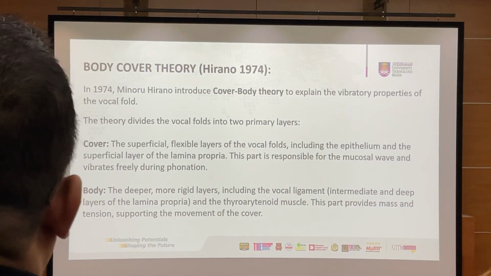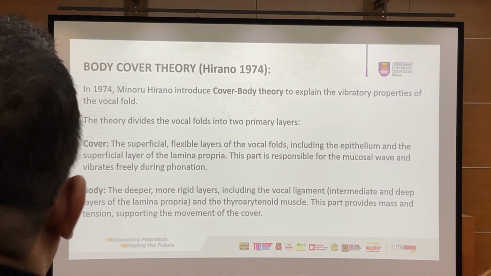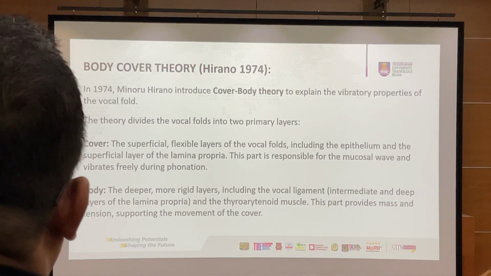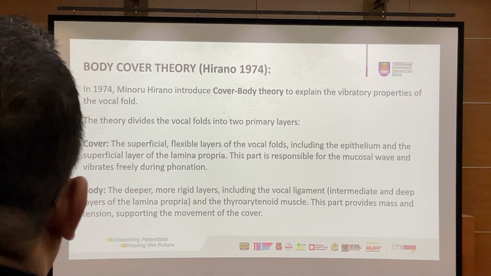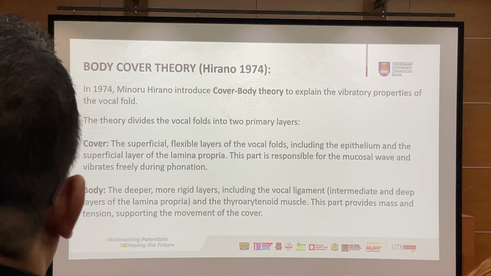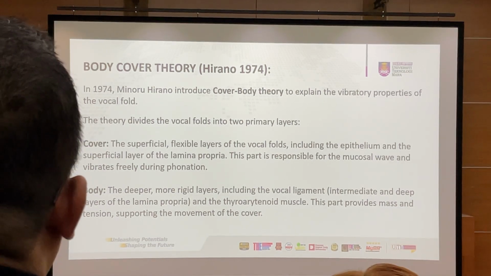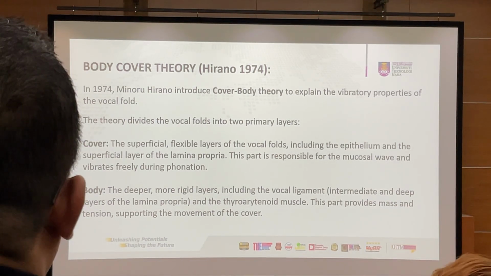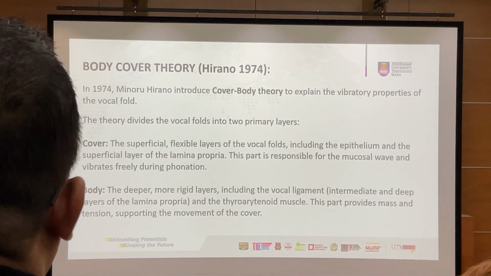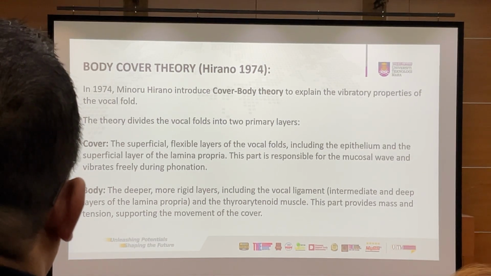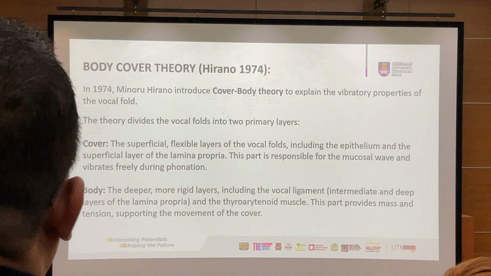Okay, so in 1974, Minoru Hirano introduced cover and body theory to explain the vibratory properties of the vocal fold. So we know that our vocal fold consists of 5 layers. However, to simplify it, in the cover and body theory, they are divided into 2 primary layers.